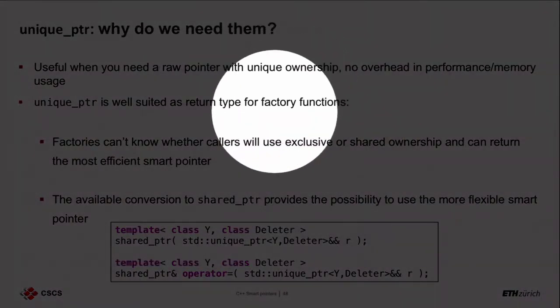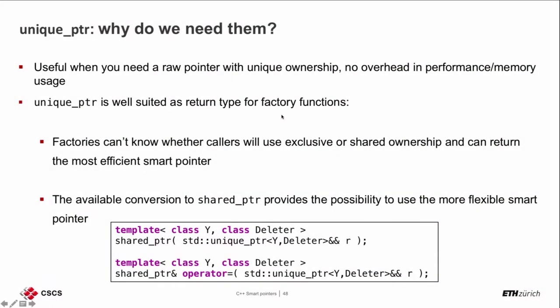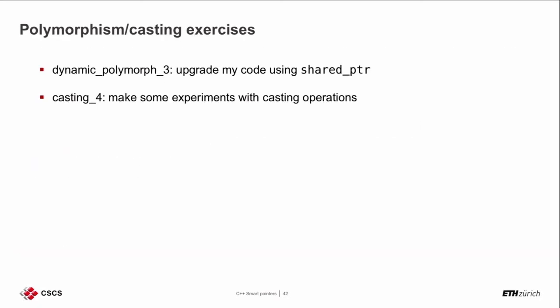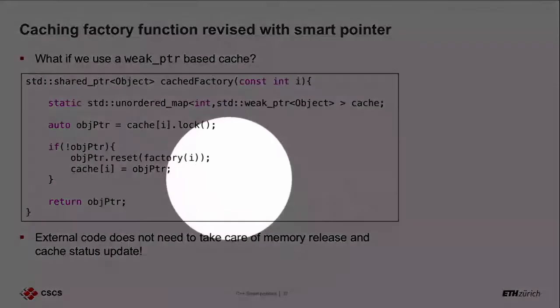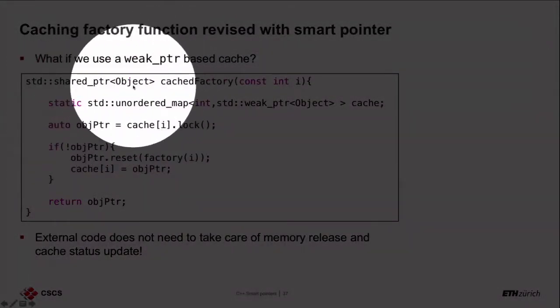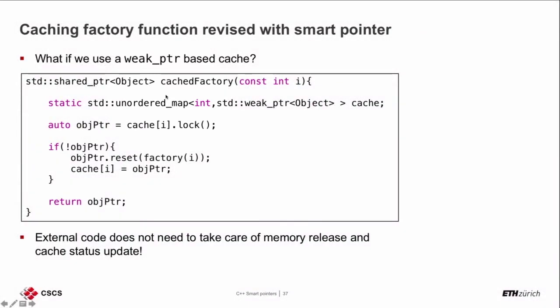There is one case in particular where they are quite useful, which is the factory function that we have seen before. In the previous case, we were returning a shared pointer type. If you do something like this, it works, of course, but you are forcing the user of your cached factory function to use a shared pointer.